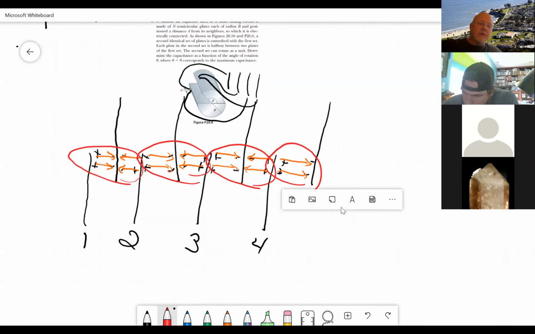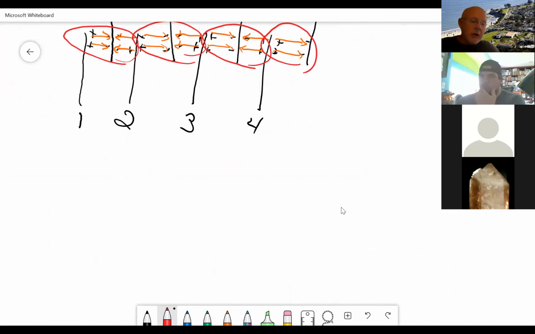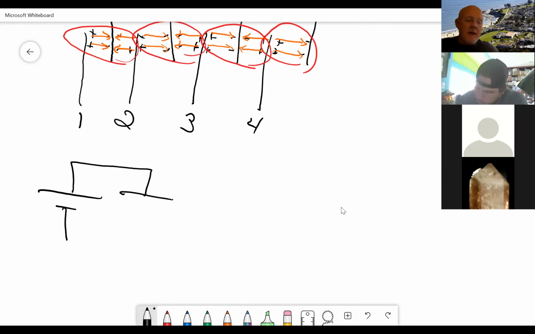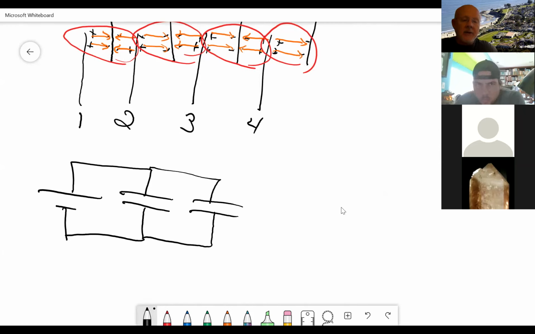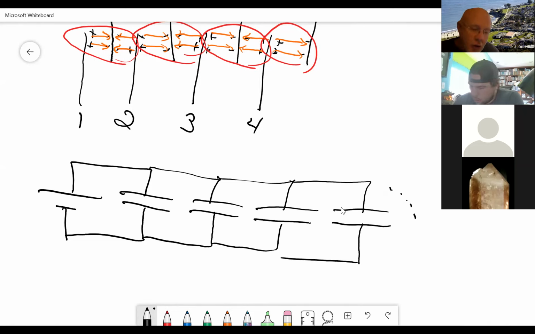If I was trying to draw it like a circuit, I have a battery here, and I have the first capacitor in parallel with the second capacitor, in parallel with the third capacitor, in parallel with the fourth capacitor. So you would have 7 capacitors basically. I won't draw all 7, but in my drawing, I would have 7.